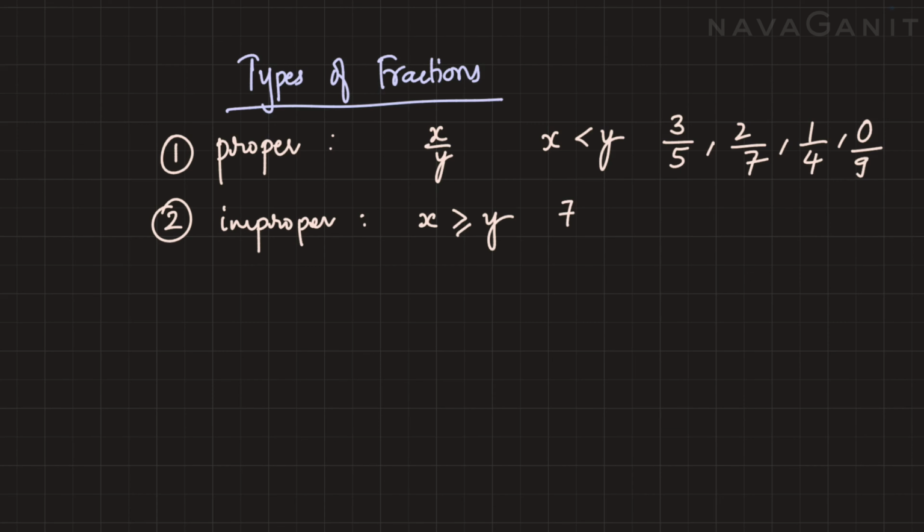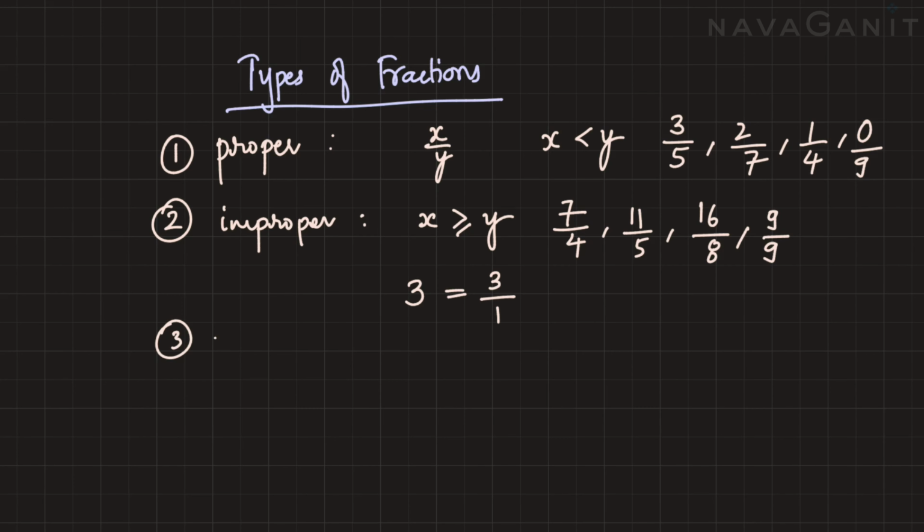So 7 by 4, 11 by 5, 16 by 8, 9 by 9, these are all improper fractions because the numerator is greater than or equal to the denominator. And improper fractions combine whole numbers as well as fractional parts. For example, say we have a whole number 3. So 3 can also be written as 3 upon 1, which is an improper fraction.